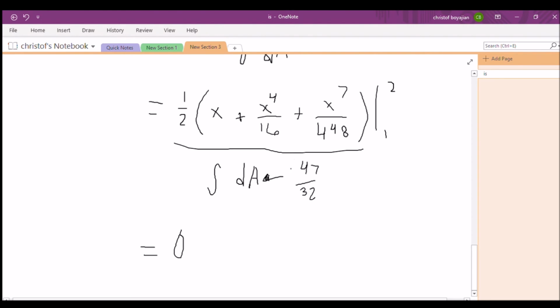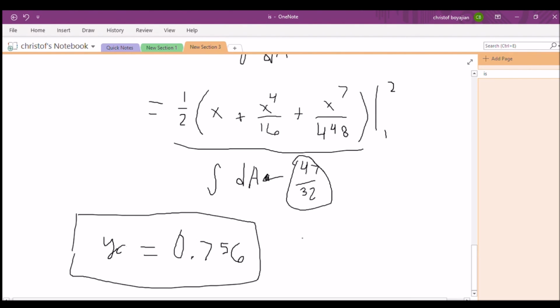So, oops, that was a bad circle. Circling around this number. So we should end up getting our y centroid to be 0.756. All right. So that's our y centroid.